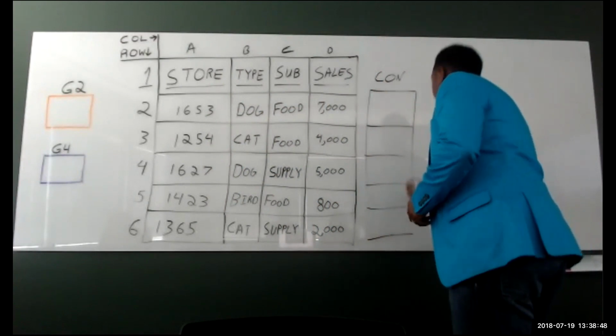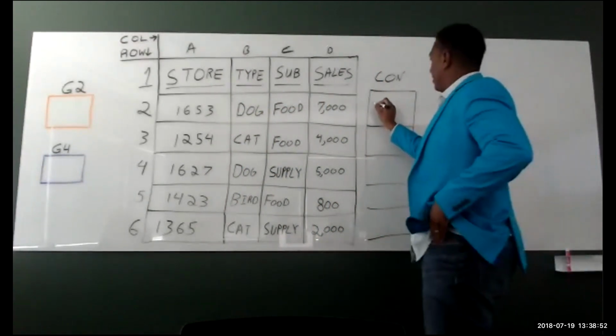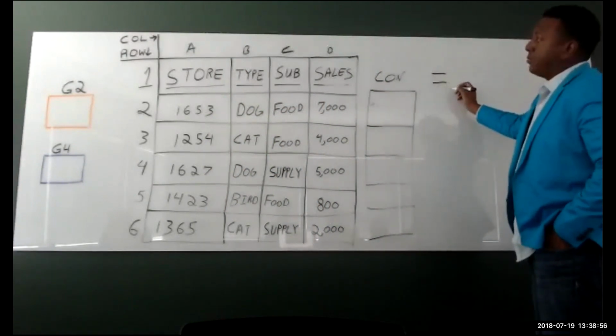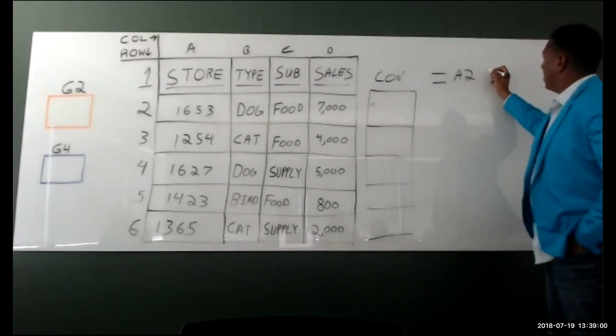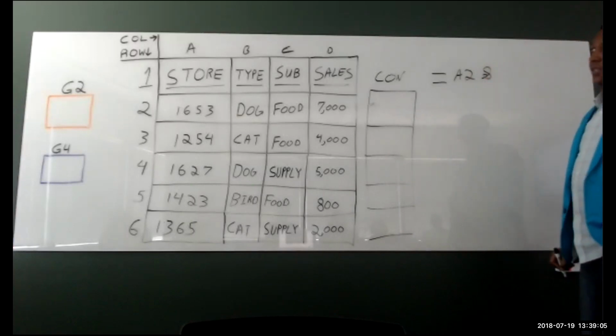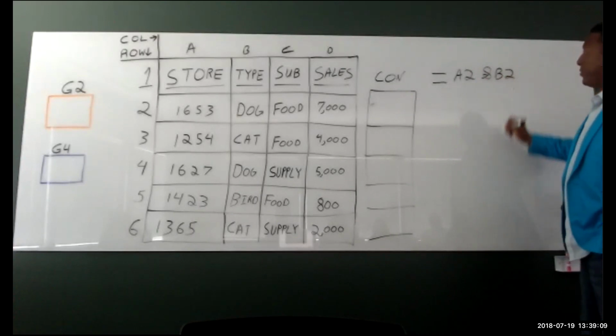And the formula that we would use inside this cell, I'm going to do it over here so it's real big. We would do equals A2, and then use the ampersand sign, B2.